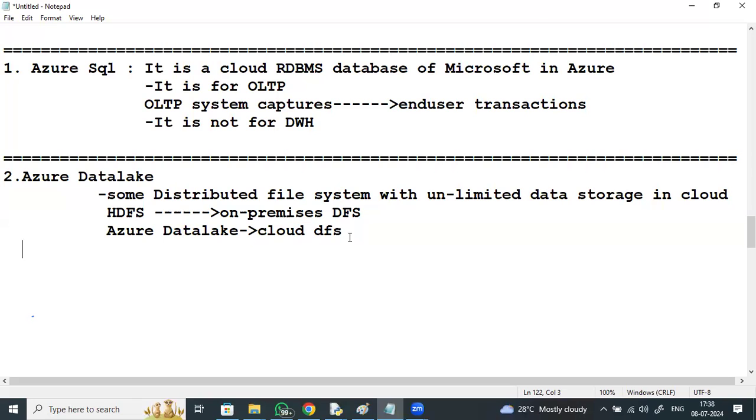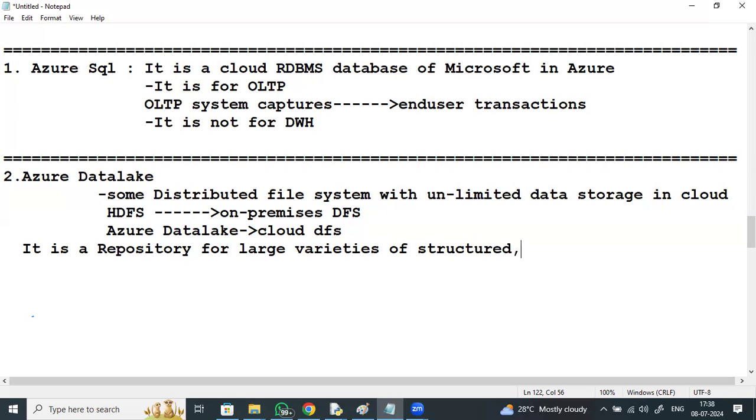I can say Azure Data Lake is a repository for large varieties of structured, unstructured, and semi-structured data. All varieties of data. So it is for unlimited data storage in the cloud.